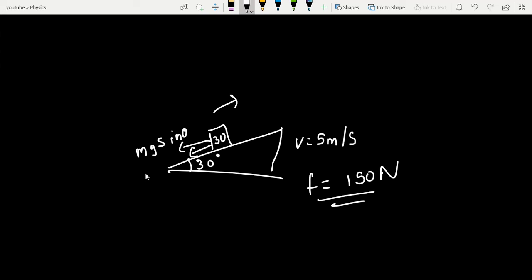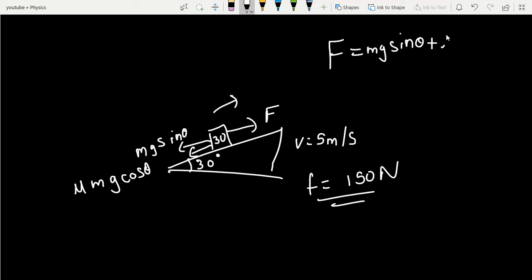The frictional force will be mu mg cos theta. And here is going to be the force. So we'll get F is equal to mg sine theta plus mu mg cos theta.